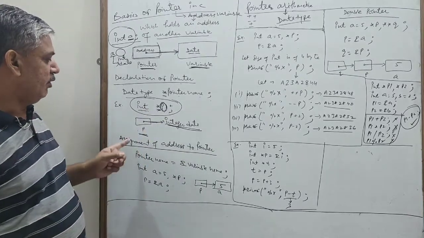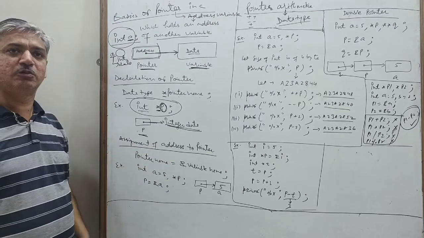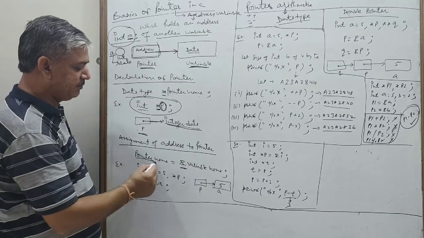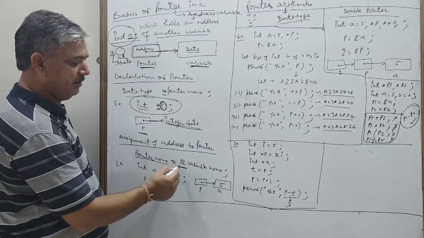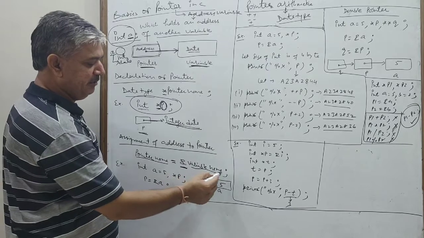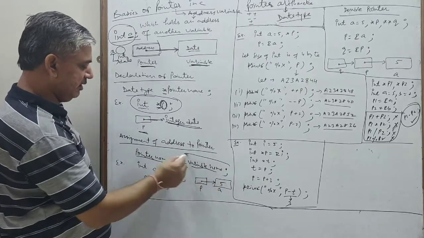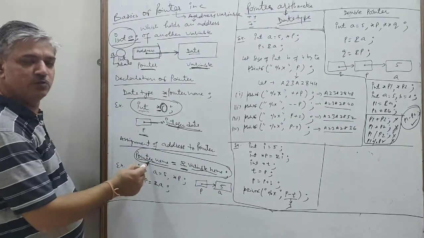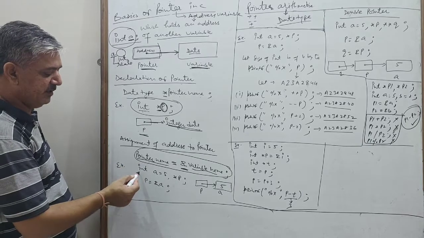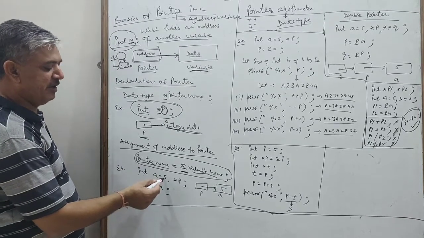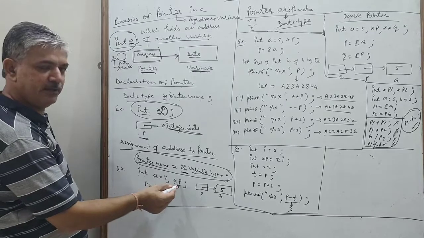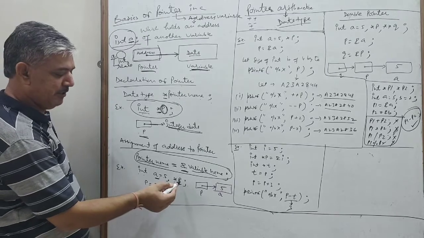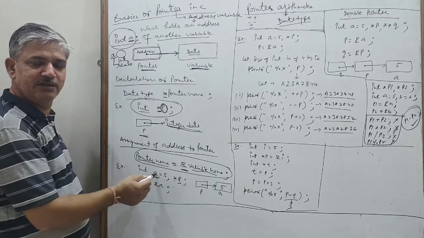Now, how do we assign the address to the pointer? We need the address operator. I write the pointer name, assignment operator, address operator, variable name and semicolon. This is the syntax to assign an address to a pointer. For example, suppose I write int a = 5, *p; It means there are two variables, a and p, but p is the pointer type and a is the data variable.